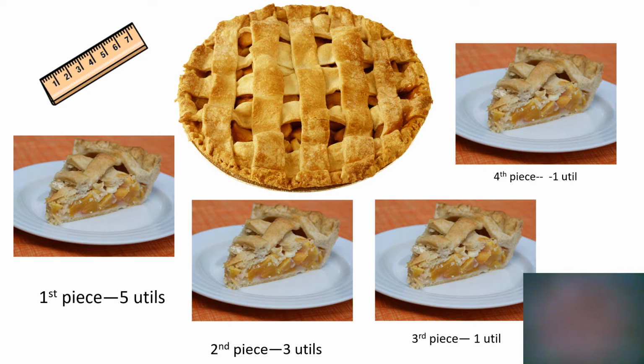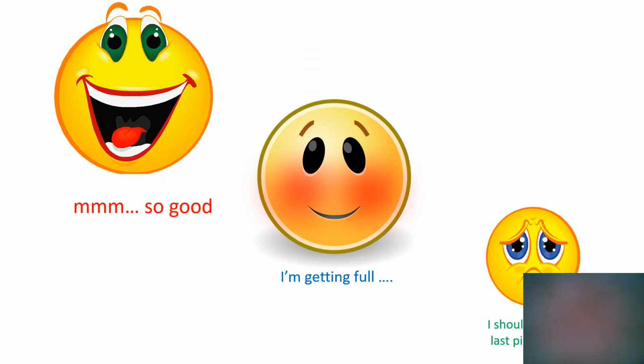This is just shown to demonstrate the law of diminishing marginal utility. Again, that first piece might be very enjoyable for us, and as we continue to consume, we start to get full, and finally we recognize that, oh man, I ate too much, I shouldn't have had that last piece.